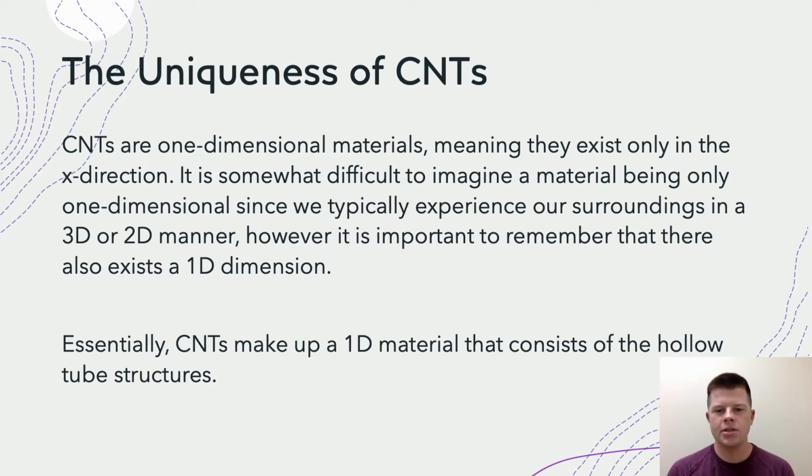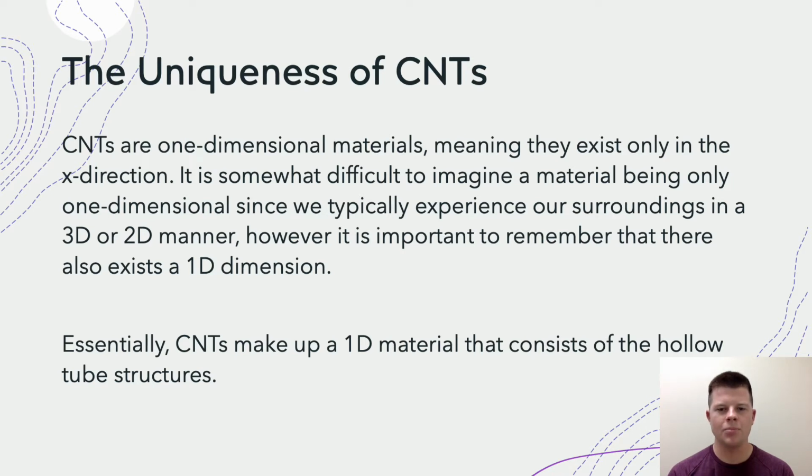So what makes CNTs unique? Well, CNTs, the nanotubes themselves, are the hollow-like structures which you're probably thinking of. However, these tubes actually make up a material that is one-dimensional. So what that means is that CNTs are one-dimensional and they only exist in the x direction, which is hard for us to understand considering that we don't really ever deal with anything one-dimensional.